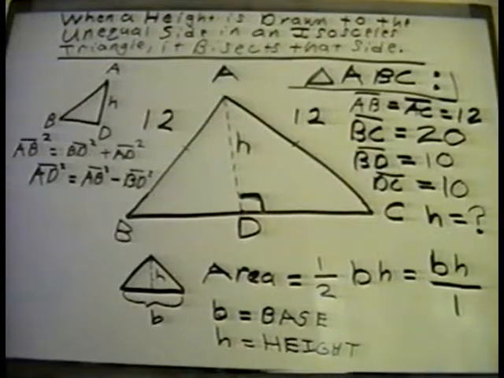Or you would say the square of line segment AD is equal to the difference of the square of line segment AB and line segment BD.